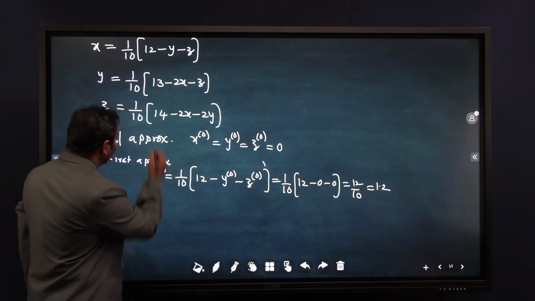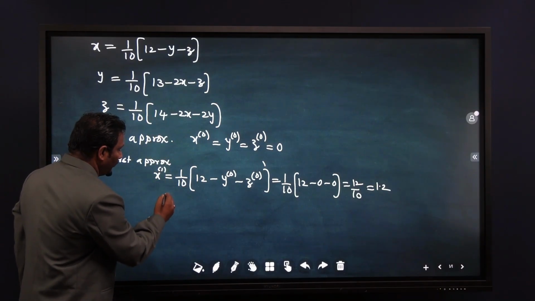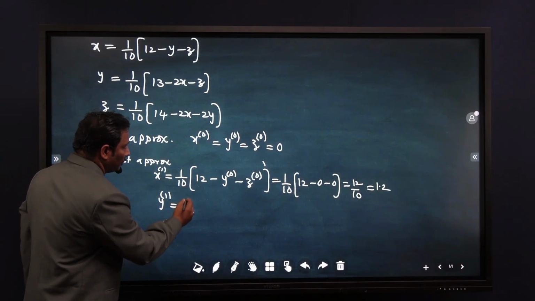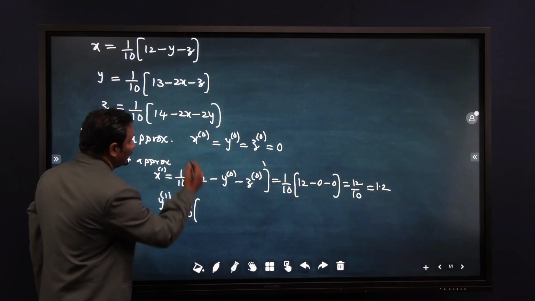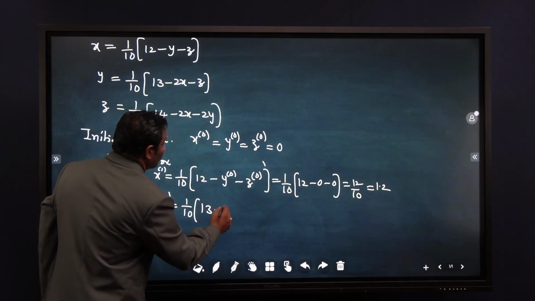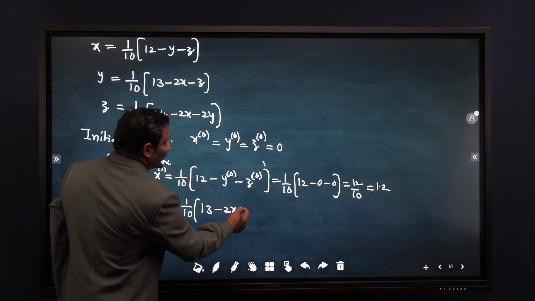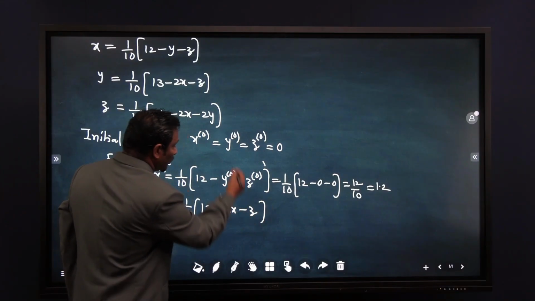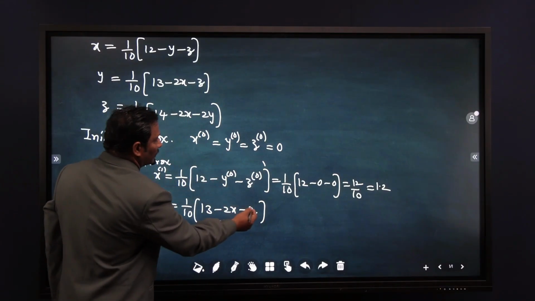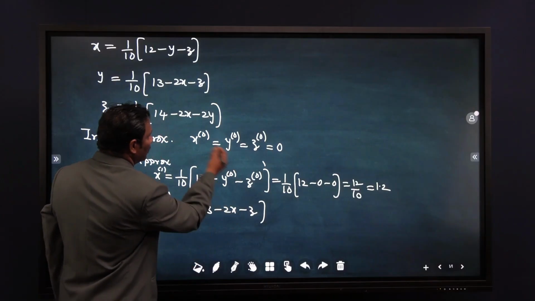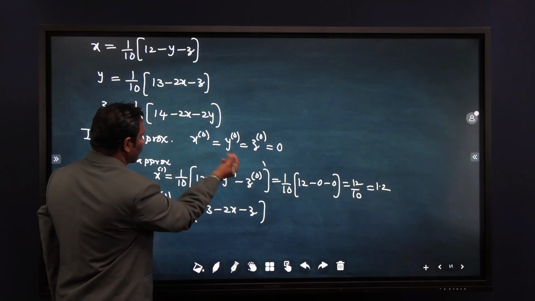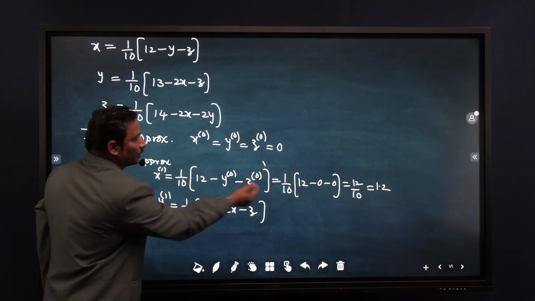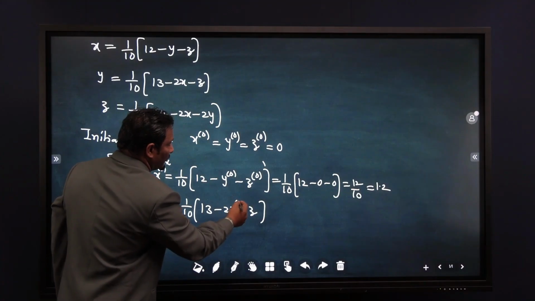Now we'll see the first approximation of y. That is y equals 1 by 10 times (13 minus 2x minus z). Now substitute the known values. x was 0 in the initial approximation, but it is now refined as x1, the first approximation.